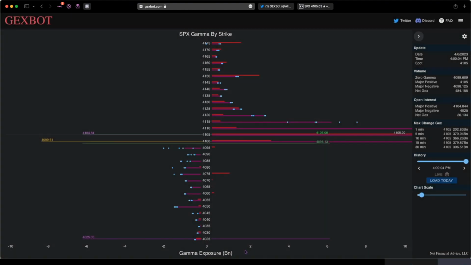One thing I did want to ask you about, and I'll have clarified this in the other video, but just to remind everybody: these dots, what are they, and how do you use them? Right. So GEXBOT is done in price ladder form.